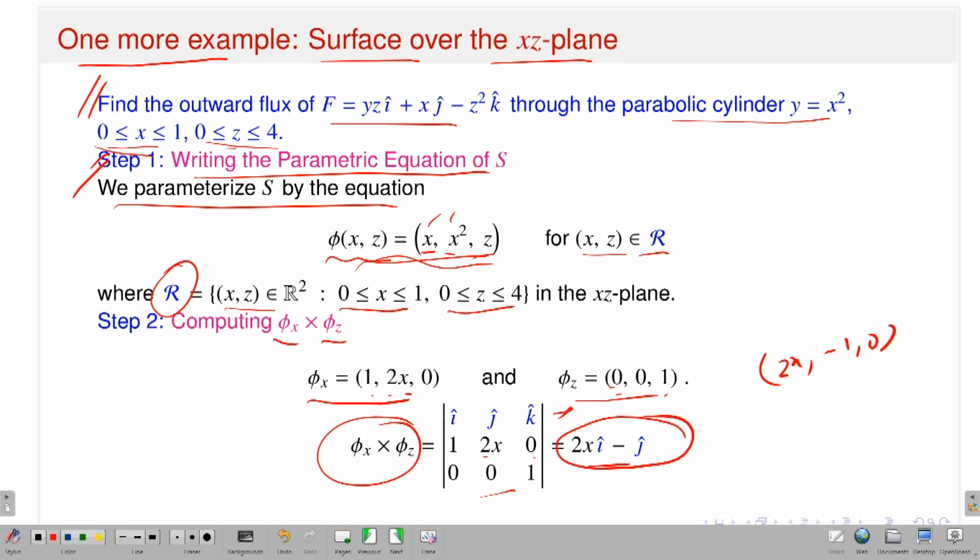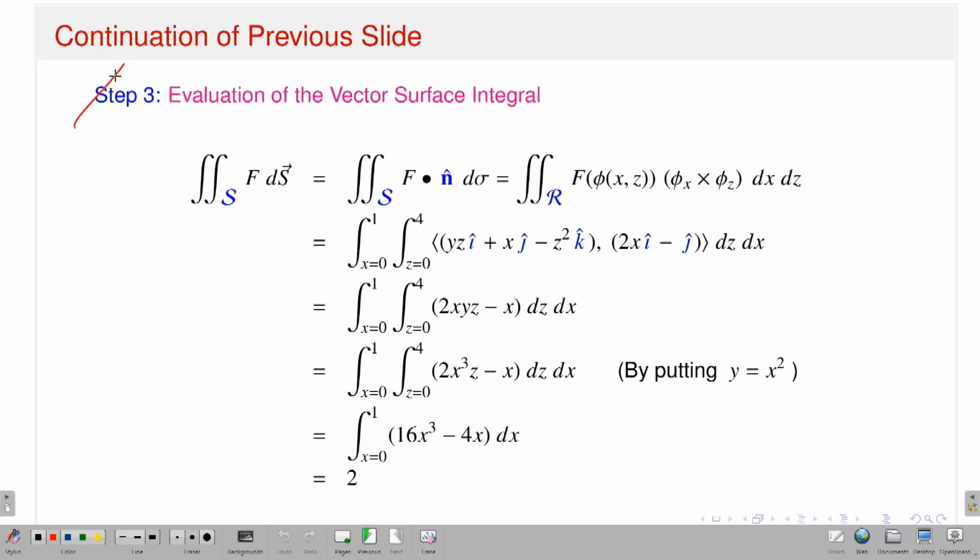This is the vector. So now I have the vector phi x cross phi z, and I know my parameterization, I know my domain of the parameterization. So now you just have to calculate the double integral. So this is my step 3, evaluation of the vector surface integral, which is nothing but, in my notation, the scalar surface integral of my vector F dot n cap, or the normal component of my vector field capital F over the smooth surface.